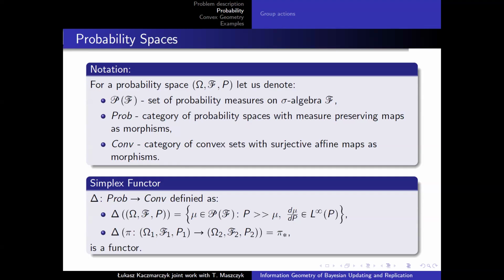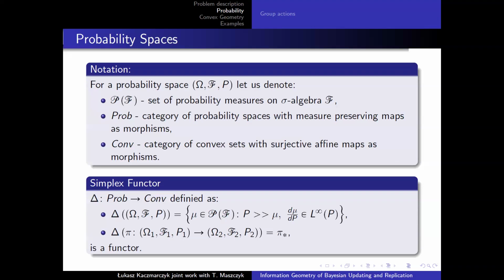And for a morphism, we simply put the direct image as the value of our functor delta on this measurable map. And because we restrict ourselves only to measures that are absolutely continuous with respect to P, the direct image will, in fact, be a surjective affine map.